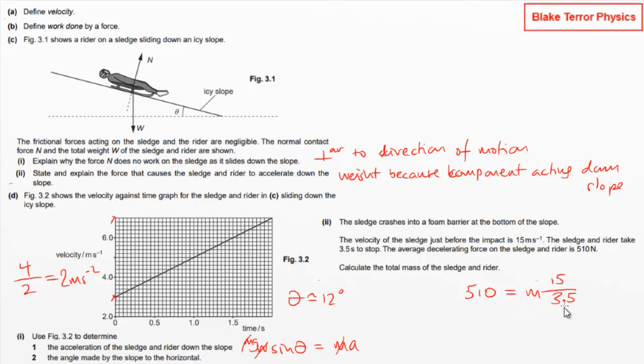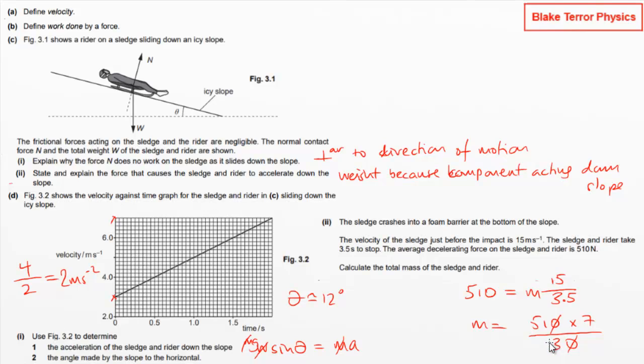So 3.5 is 7 over 2. So if we say that's 30 over 7, m is going to be 510 multiplied by 7 divided by 30. We can cancel those. Yeah, 3's do go into 51, that's 17.